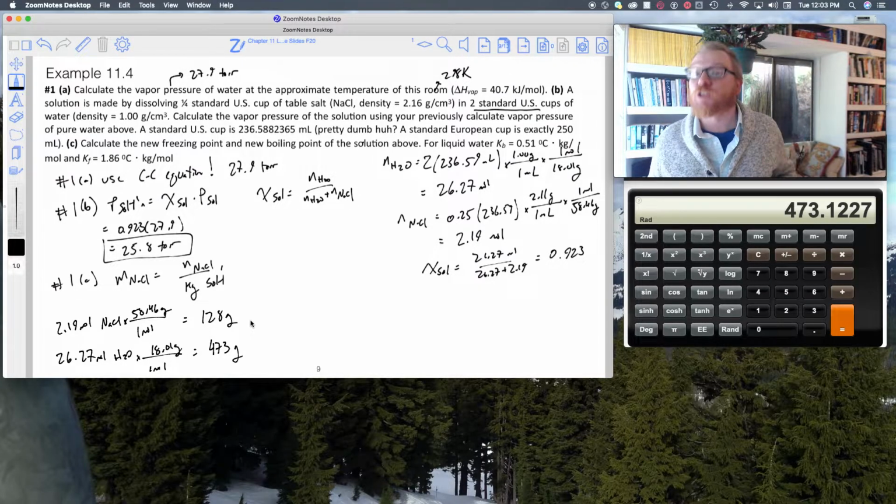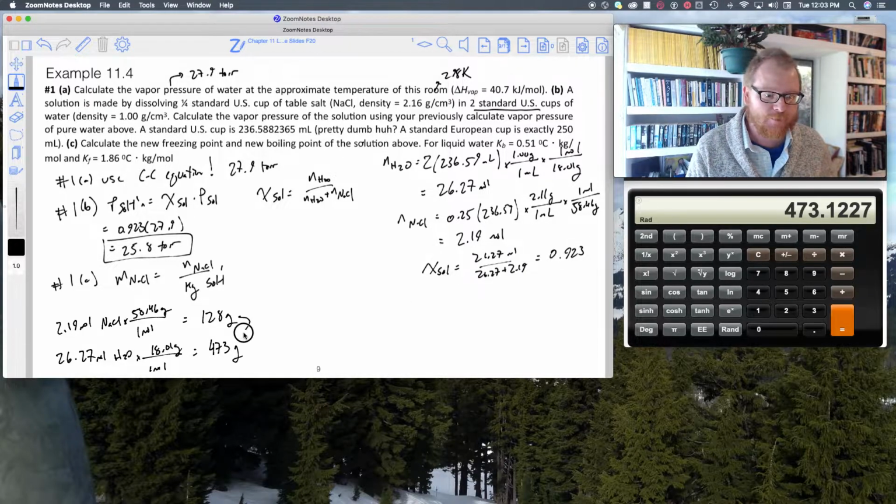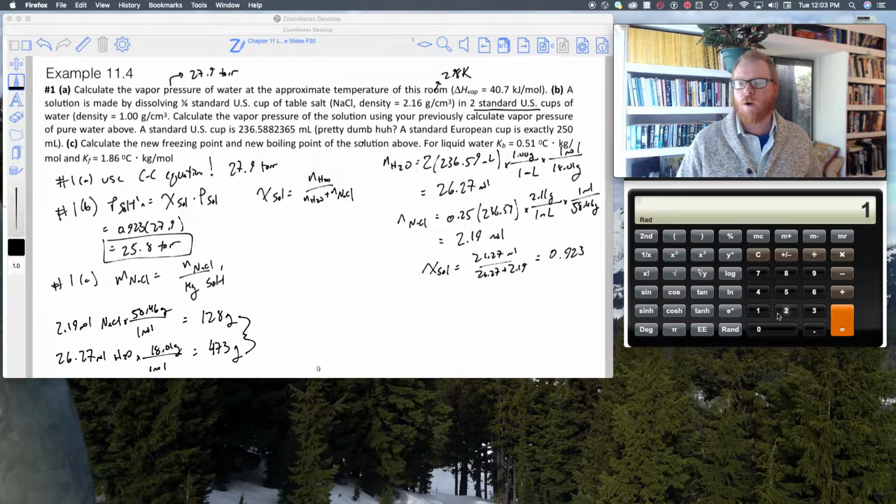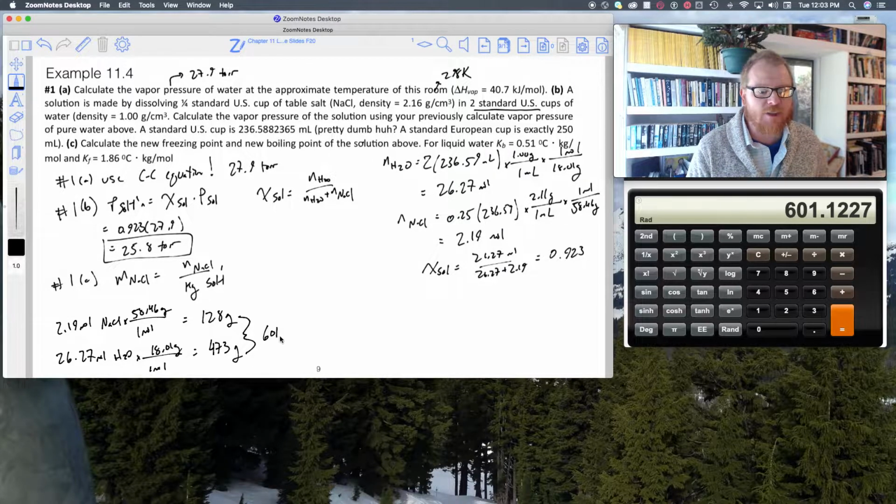The mass of the solution is the mass of the solute plus the mass of the solvent, okay? So that plus that, so plus 128 equals, so the mass of my solution is 601 grams, and there's 1,000 grams in 1 kilogram to give me 0.601 kilograms.